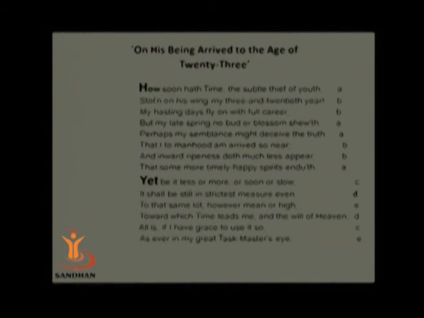Again, looking at the poem, we could analyze its rhyming scheme. We have already seen that the Italian sonnet has a particular rhyming scheme. It is different from the Shakespearean rhyming scheme, or even from the rhyming scheme that was used by Spenser for the English sonnets that he practiced.